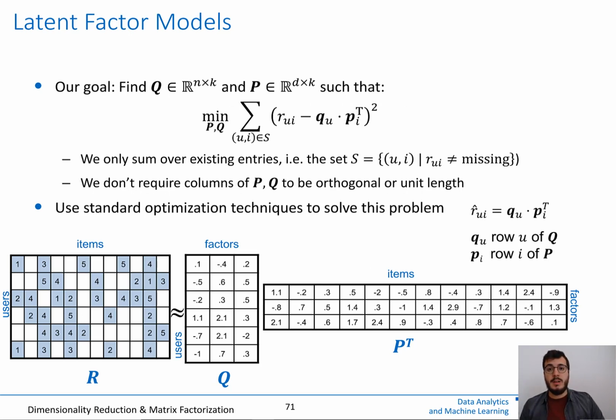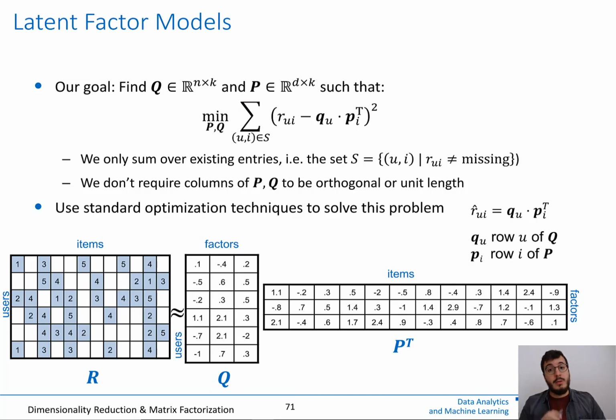So now our goal is again to find two matrices, Q and P, just as before, where the interpretation of Q and P is the same as before, that Q is a users times factors matrix, and P transposed is an items times factors matrix. But this time, we're not going to impose any constraints on Q and P, and we're simply going to minimize the sum of square errors.